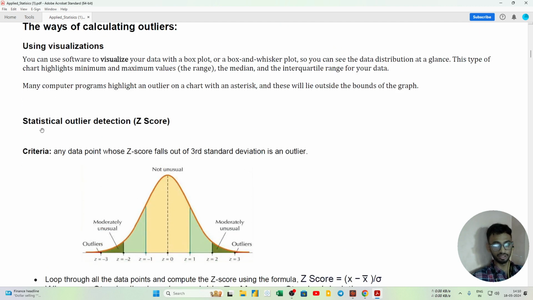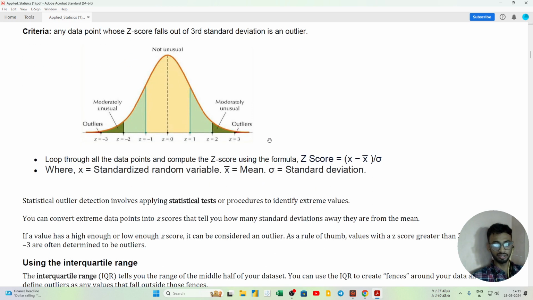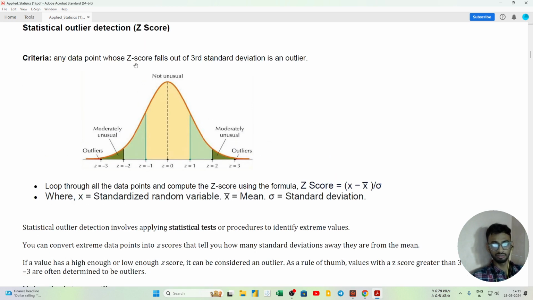Then the second method is statistical outlier detection with z-score. The criterion: any data point whose z-score falls outside the third standard deviation is considered an outlier. How can we measure the z-score for a data point or for a feature?